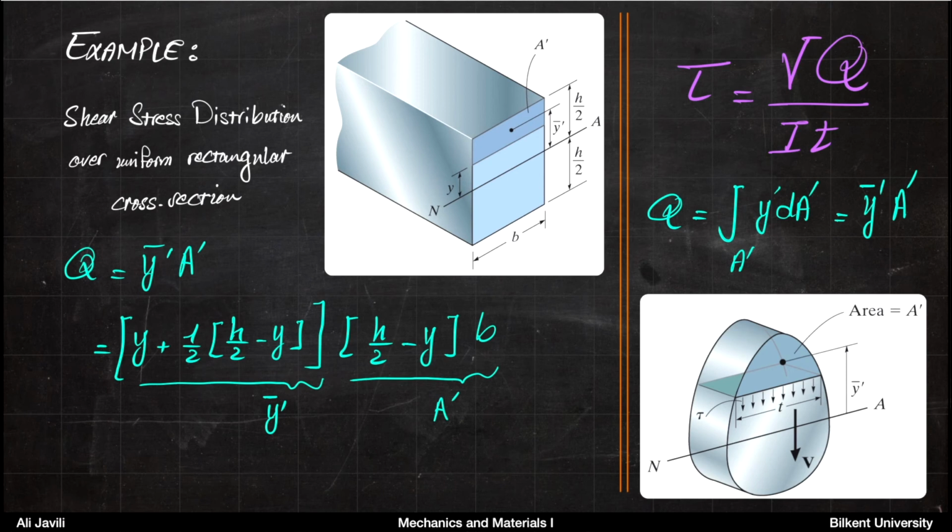Now, that area itself, if we call it A prime, is basically this side, which is b, times this side, which is h over 2 minus y. So this is your area. This is A prime.